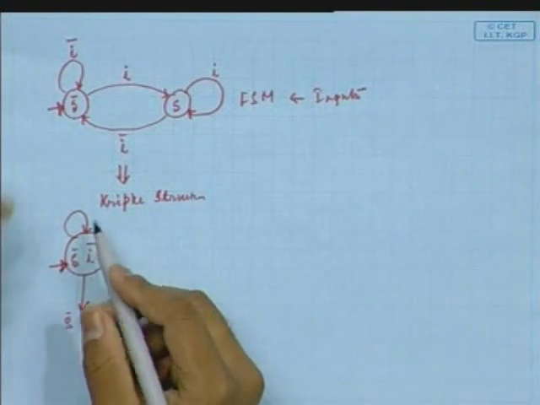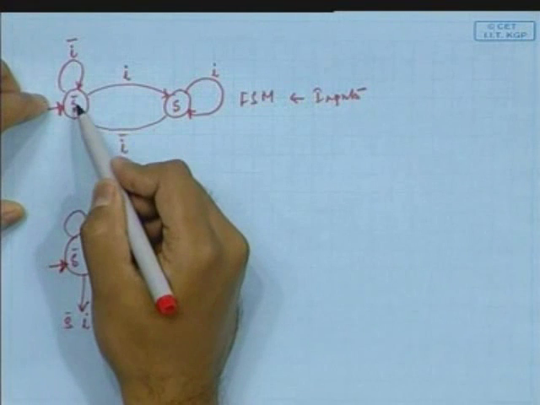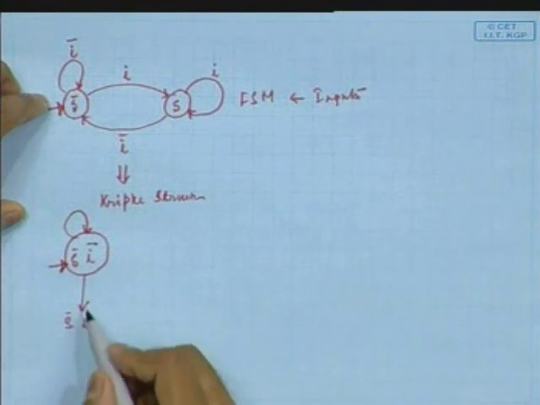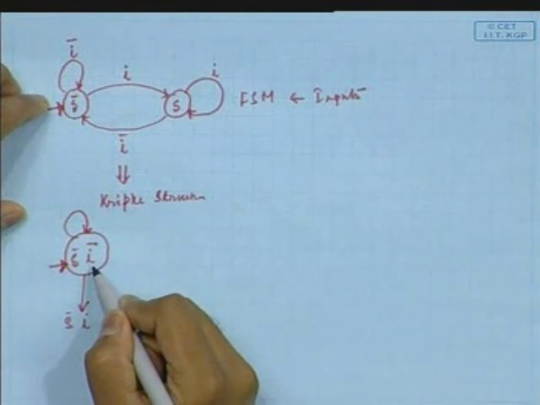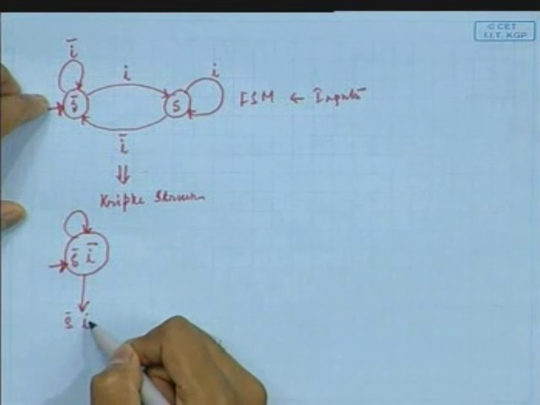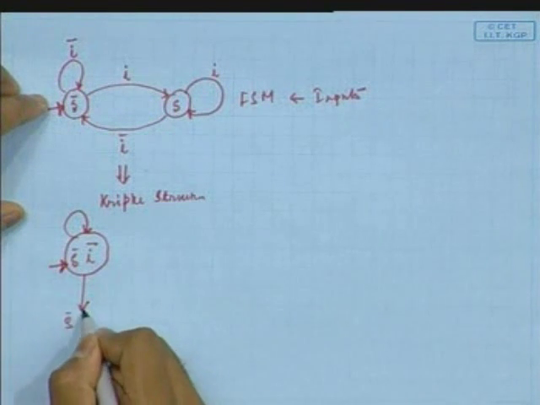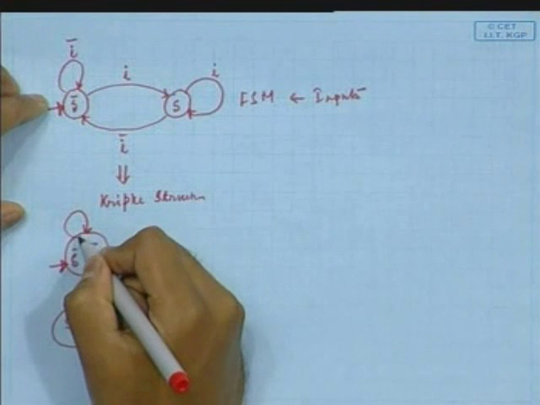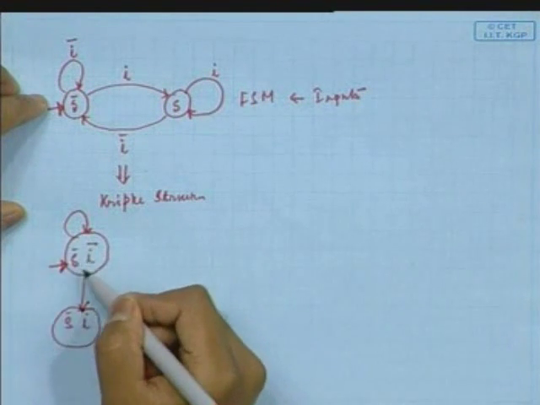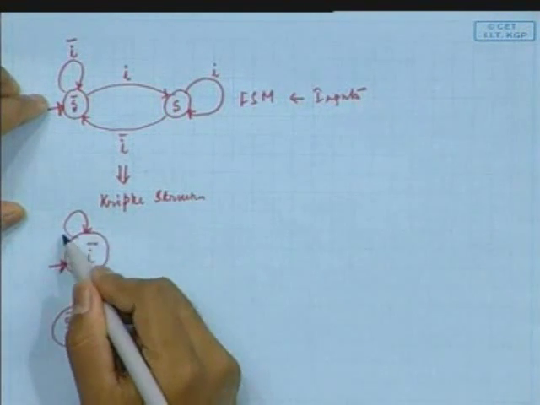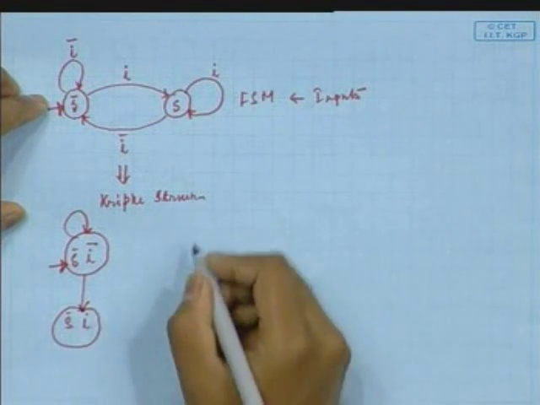From S bar, I bar is true, it ensures that it will loop back to S bar, but in the next state we don't know whether I will be true or I bar will be true. Now to take care of the input, we add non-determinism between these two. So from this state it can either loop back to this one, or go here.